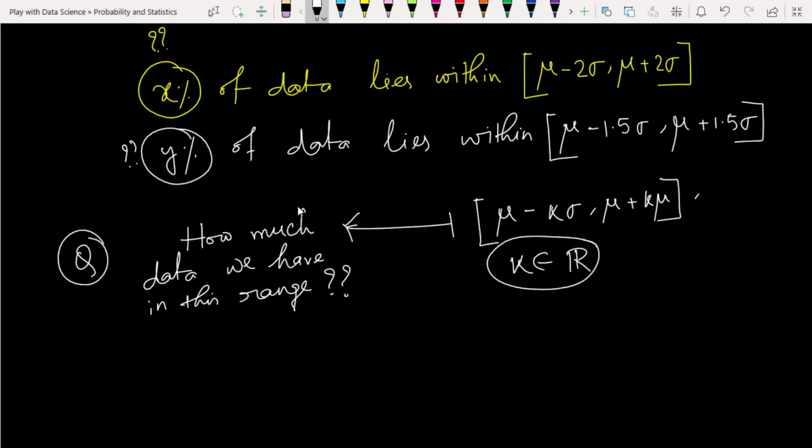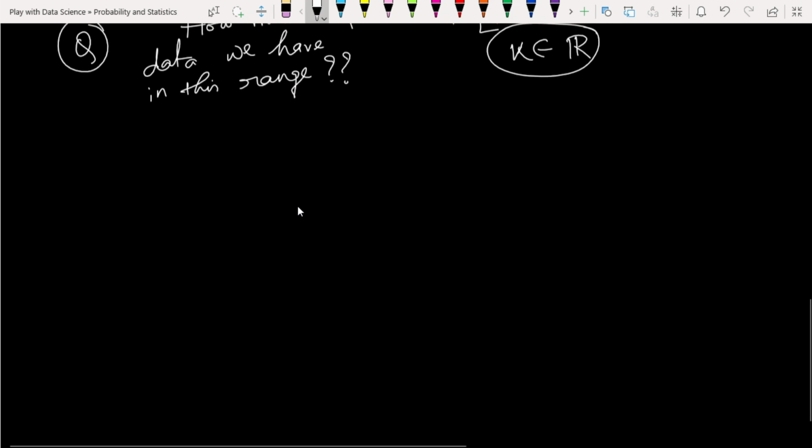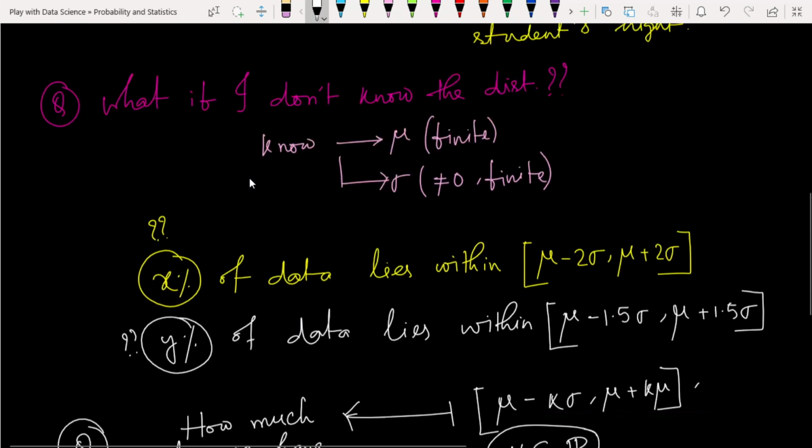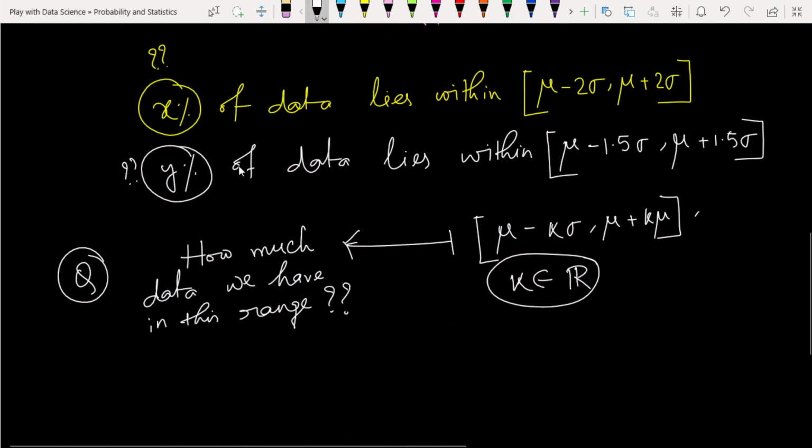So let's see this through an example, and through this example we will try to understand the solution to this problem. I think it will be easier for us to understand that way.